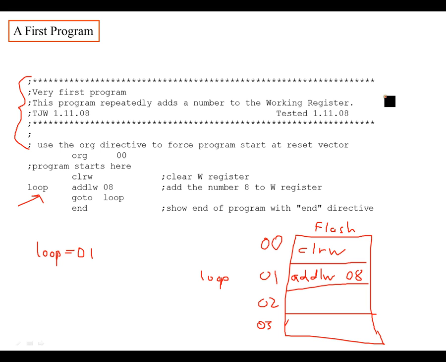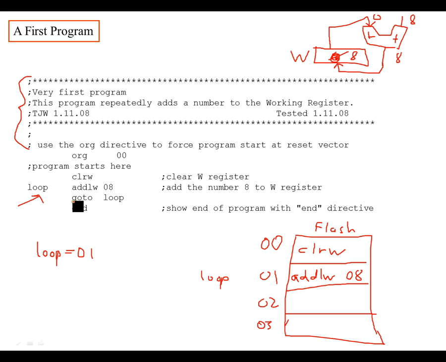The W register up here gets cleared, so this gets set to all zeros, and then the next instruction takes a value of 8 and adds it to W, which is 0. So it's just going to add 8 to 0, and it's going to give you a value of 8, and it's going to store the result in the W register. So now this will go to 8.